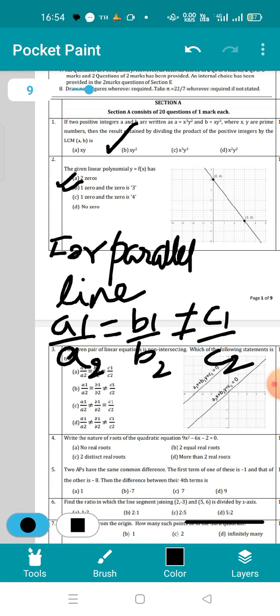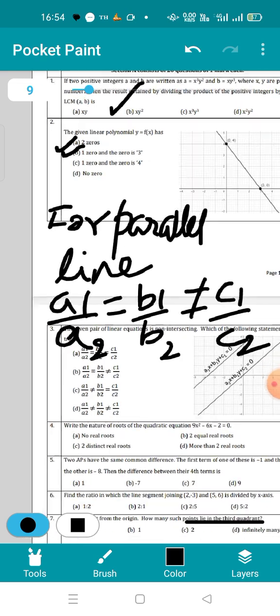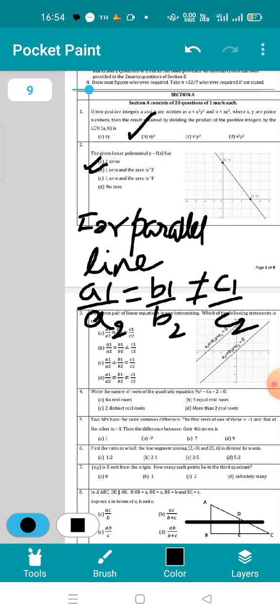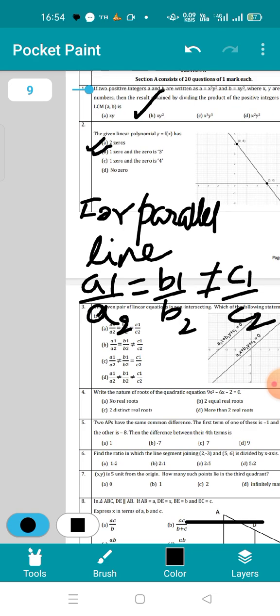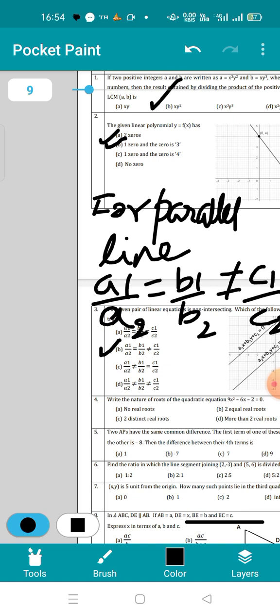They represent the coefficients of x, y, and the constant terms respectively. So now let's look at the option which says a1 by a2 is equal to b1 by b2 is not equal to c1 by c2, and that is present in option B. Therefore option B is the correct option. Here also option B is correct.